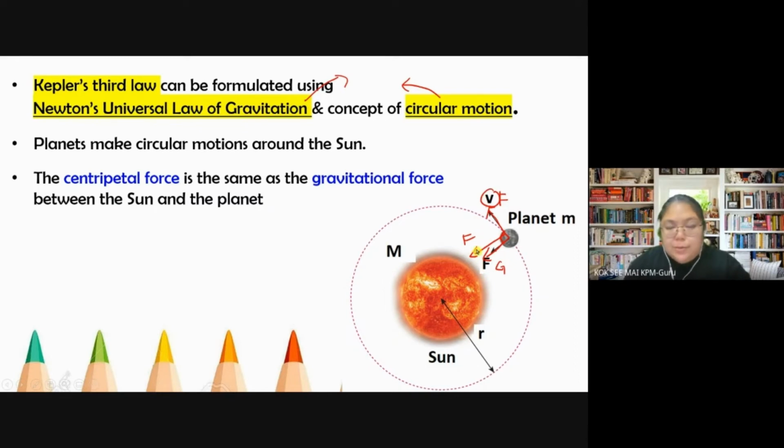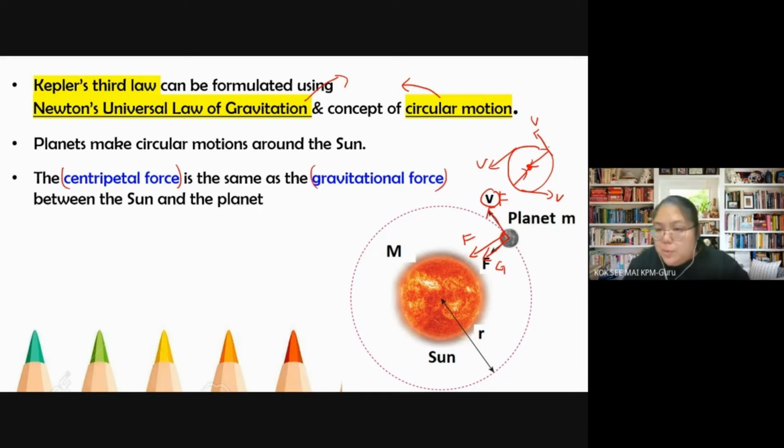Okay, wait. Remember, just now we drew the tangent. Important: this one stands for velocity, not force. If they ask you to draw the centripetal force, how do you draw it? Go toward the center. The gravitational force, how do you draw it? Go toward the center. That's why they say the centripetal force is the same as the gravitational force.